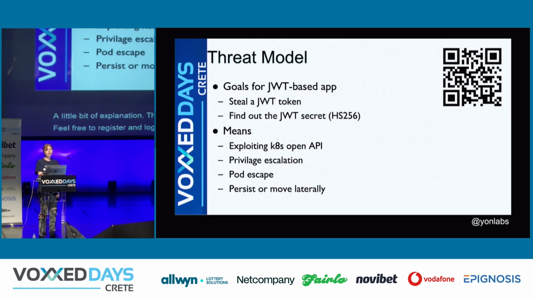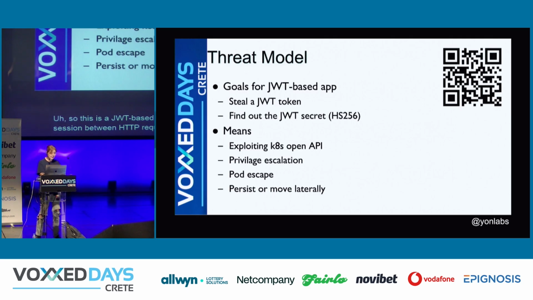A little bit of background for this application and what we will use here. So this is a JWT-based application. It uses JSON Web Tokens to maintain a session between HTTP requests.